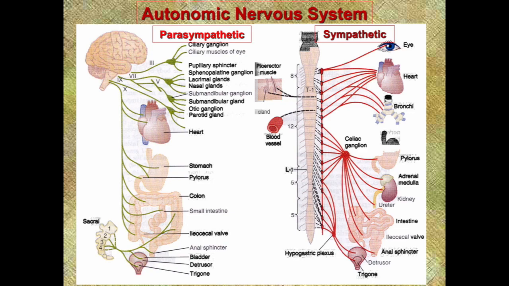One's going to slow down the system, one's going to speed up. In the case of the sympathetic, it's going to speed it up greatly. What's going on with their innervation of each of the organs? So, for example, the heart rate is going to rapidly increase on the sympathetic side, or if there's parasympathetic stimulation, it's going to slow the heart rate way down.